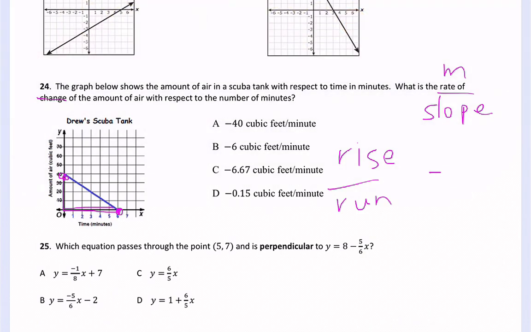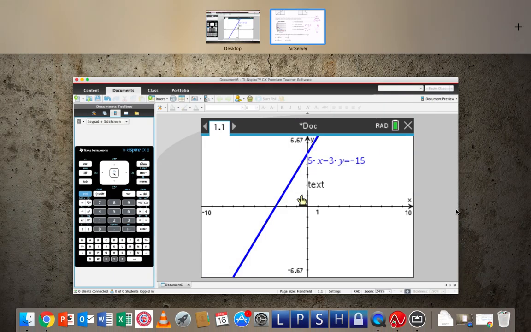Let's use yellow. Okay, rise over run. So let's see how much it's rising right here. So it starts at 0 and it's ending at 40. So I know it's rising 40. And it's running right here. So it starts at 0 and it ends at 6. So from 0 to 6, that's running 6. So now what I have to do is simplify negative 40 over 6.